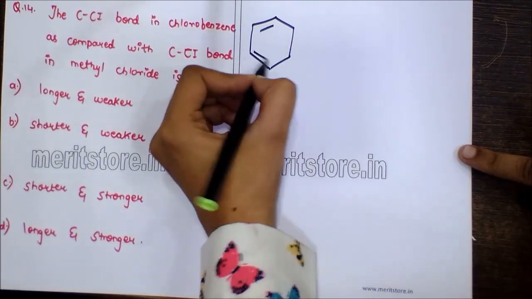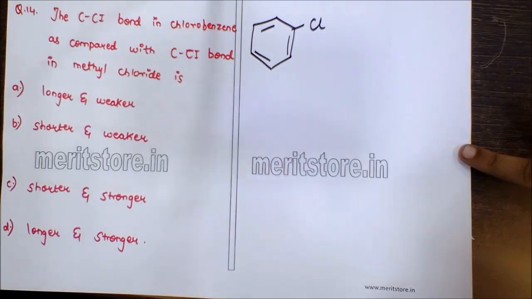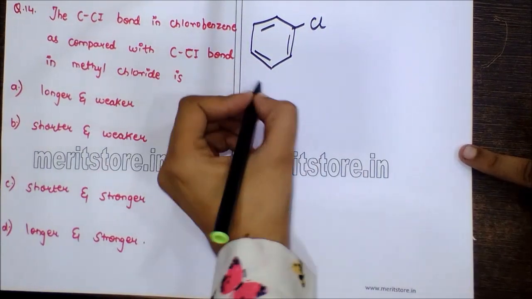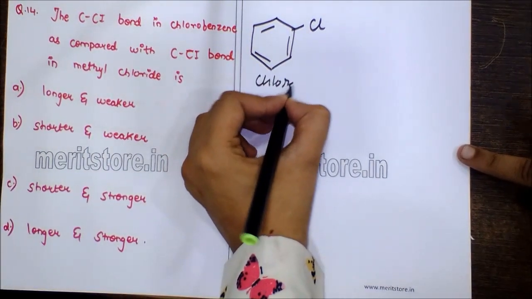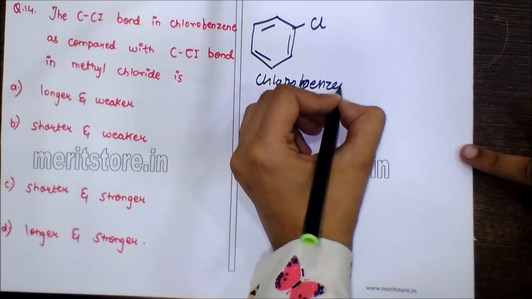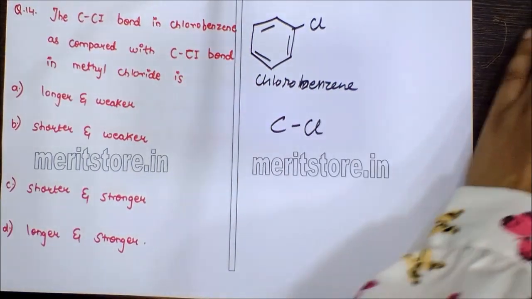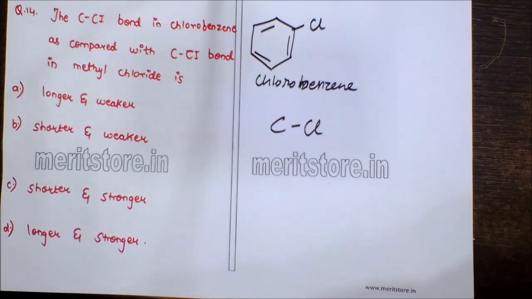Okay, so this is my chlorobenzene with my C-Cl bond. And this is my methyl chloride, that is my C-Cl bond.